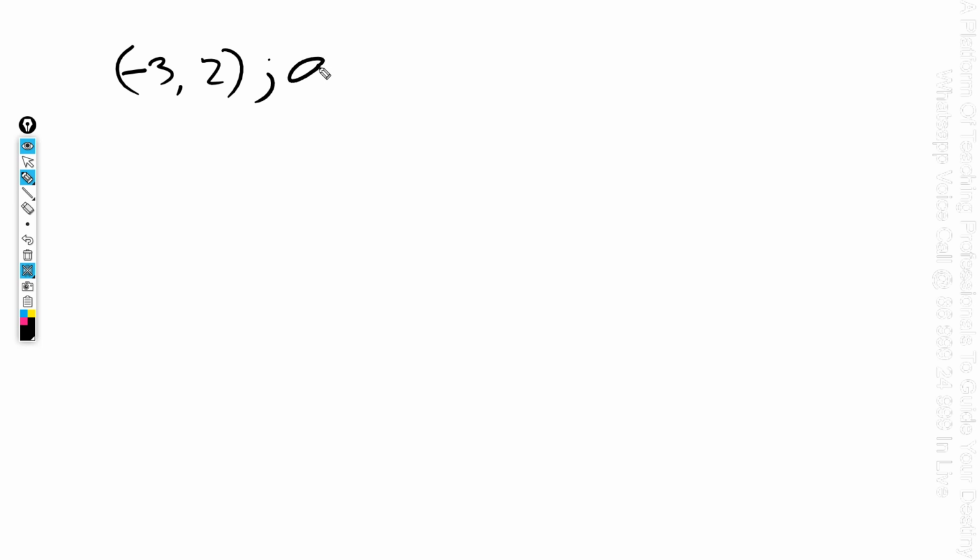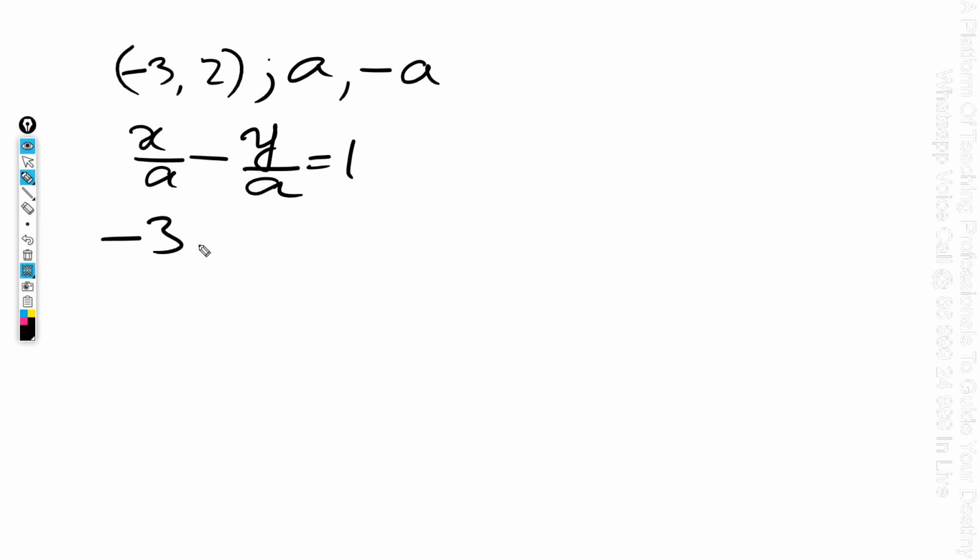One is a, other one is -a. Then the line equation will be in the form of x by a minus y by a is equal to 1. But -3, 2 lies on it. So -3 minus 2 is equal to a.